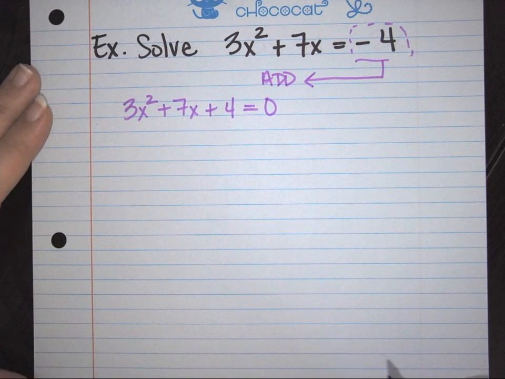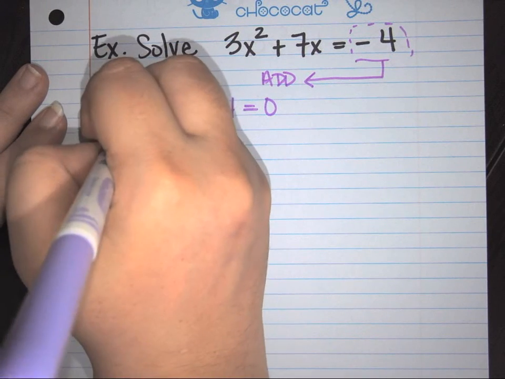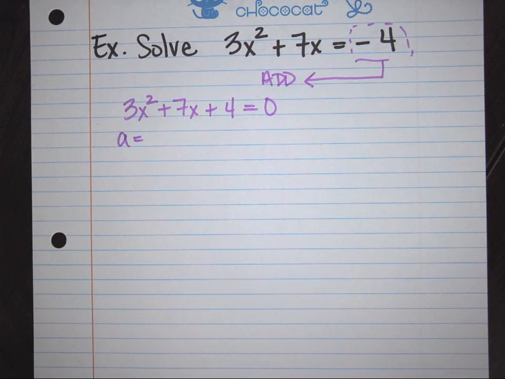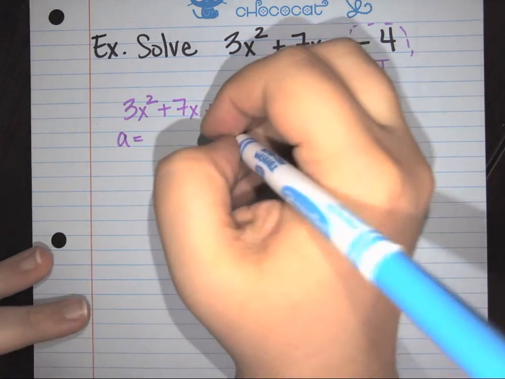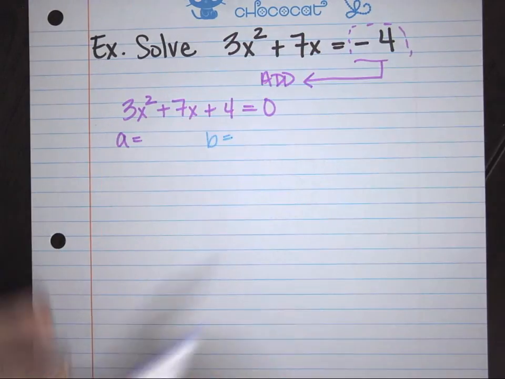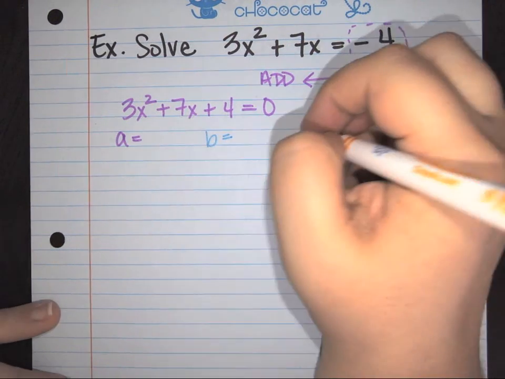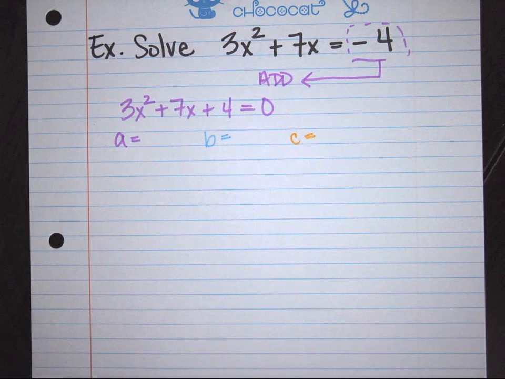So here, to use the quadratic formula, I now need to identify my A, my B, and my C. These are going to be just the coefficients.